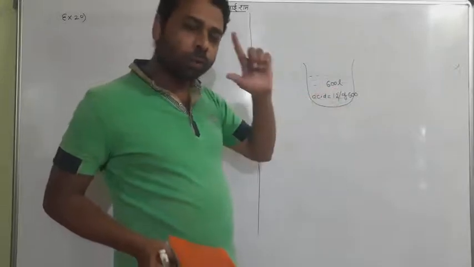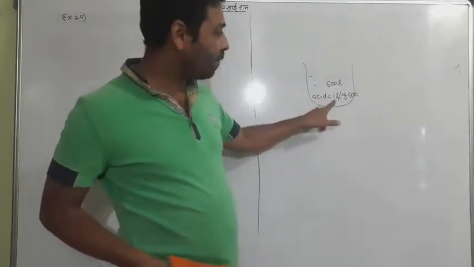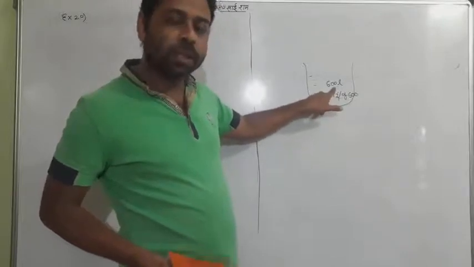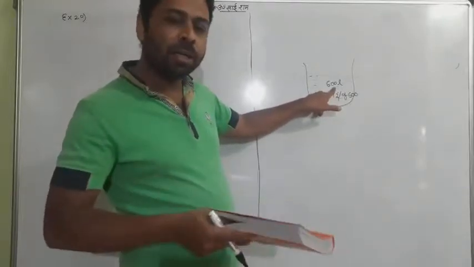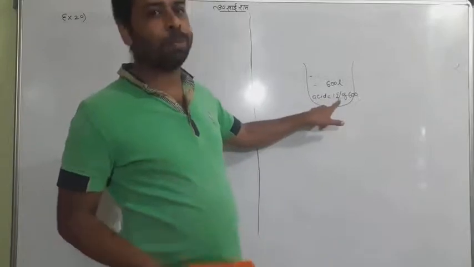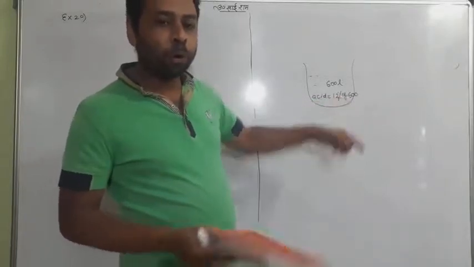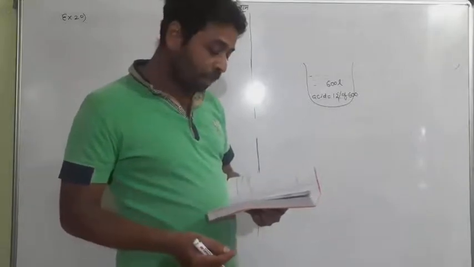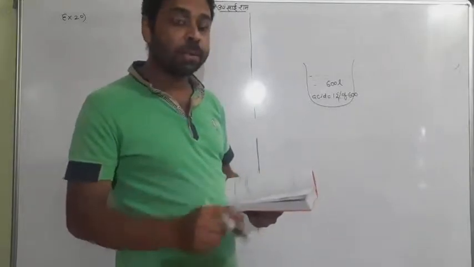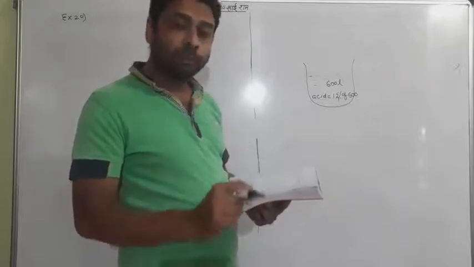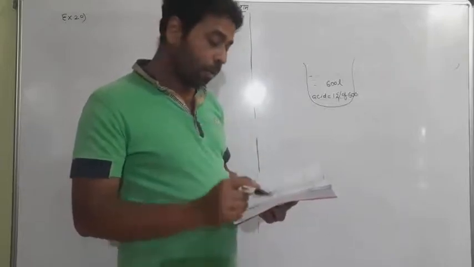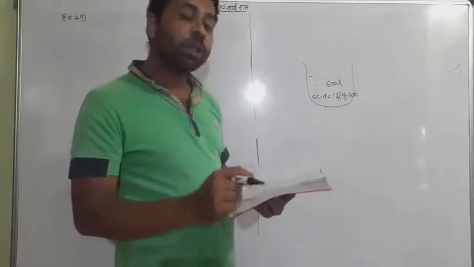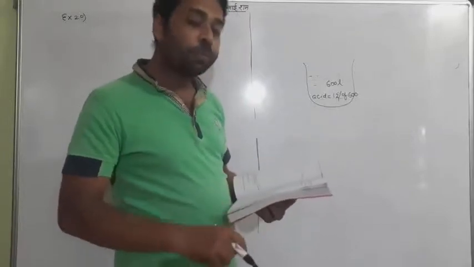We can't see the acid, but we have to understand that this is a whole 600 liters of solution, and in it the acid content is 12% of the whole. Now the question is, how many liters of 30% acid solution must be added? Read very specifically with the concentration.